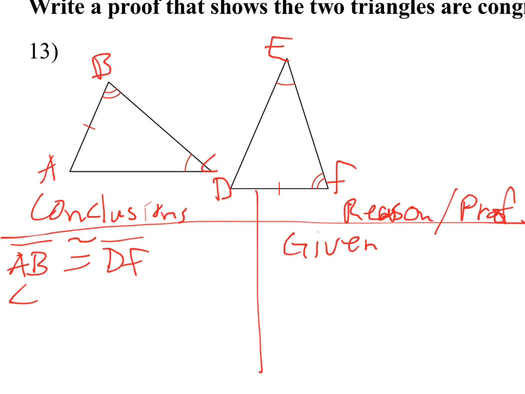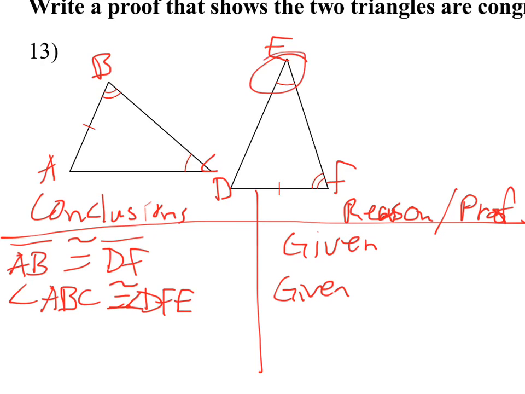The next thing I know is I have these two angles that are congruent. Those are angle ABC, congruent to angle DFE, and that's a given.